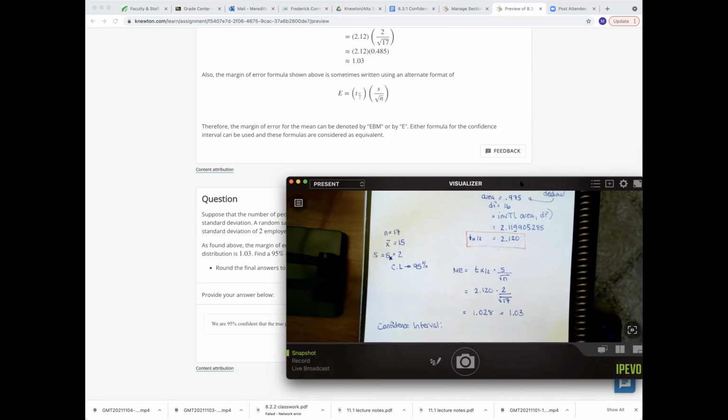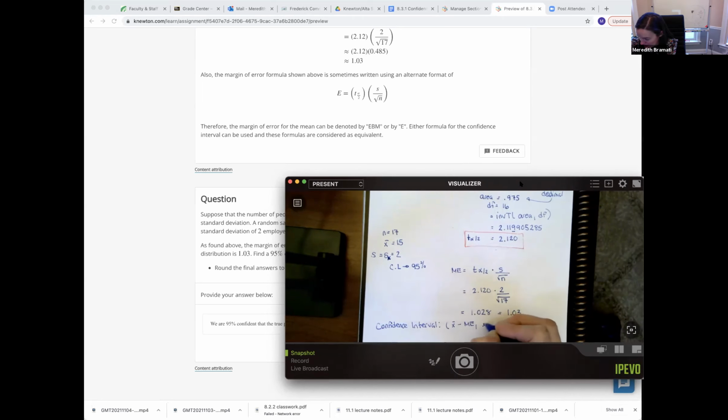Is that when you do the mean minus the margin of error, and the mean plus the margin of error? That is exactly correct.